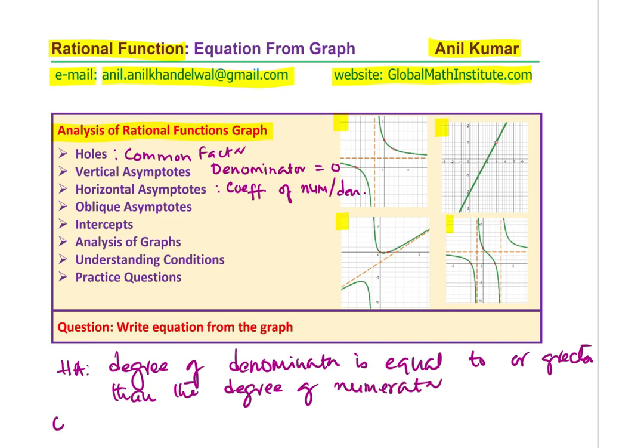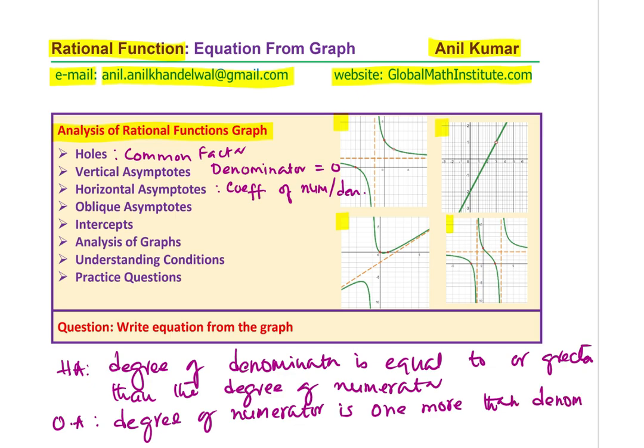Now, as far as the oblique asymptote is concerned, the degree of the numerator is 1 more than the denominator. Clear? So that gives you the oblique asymptote. Intercepts we've seen.